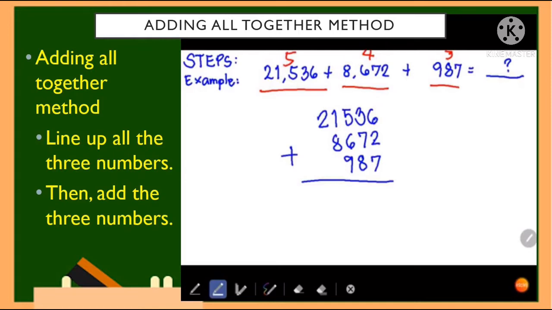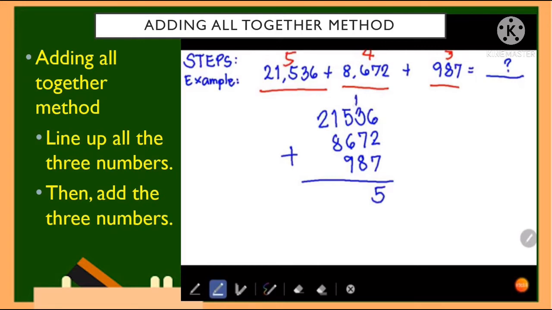What is 8 plus 7? 15. Where do I put 5? Where do I put 1? I will put 5 on the lower part. Very good. So I will put 5 here. How about 1? Alright, on the top of 3.